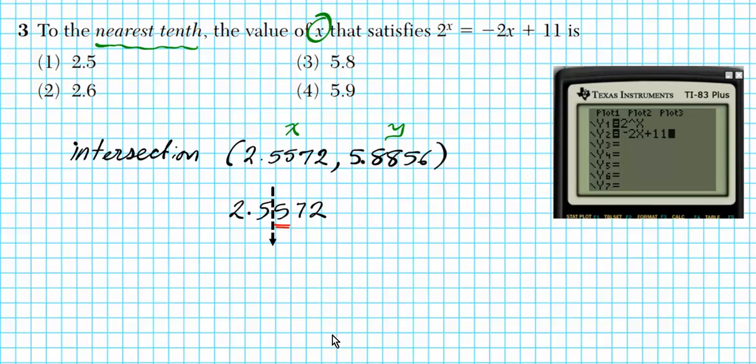Okay? Since it's 5 or greater, of course, we are going to carry 1. So it's going to be 2.6 to the nearest tenth. Our answer is option number 2. Okay, if we round it incorrectly, we'll fall into a trap, 2.5, which is incorrect. So please make sure that you pay close attention to the place values when you are rounding.